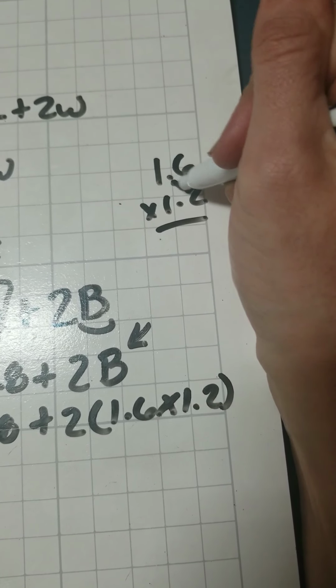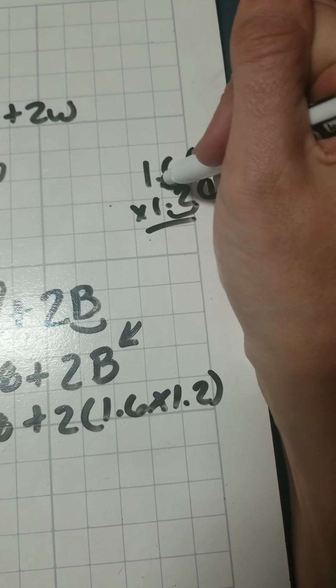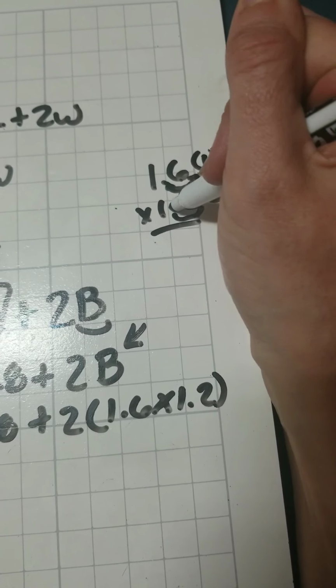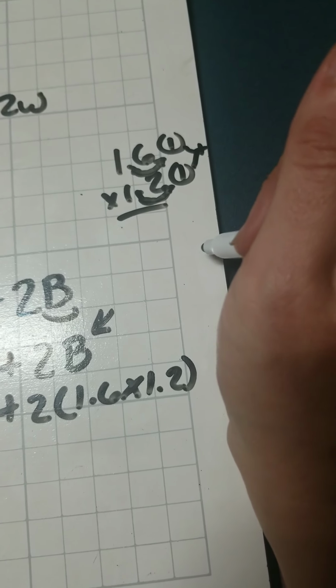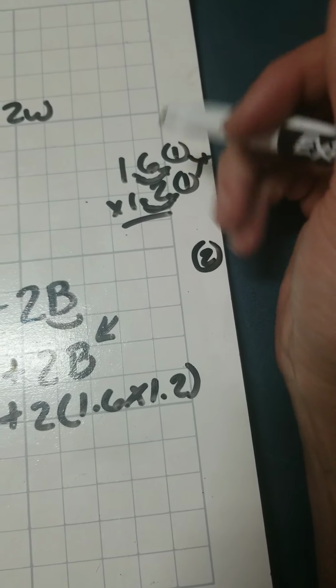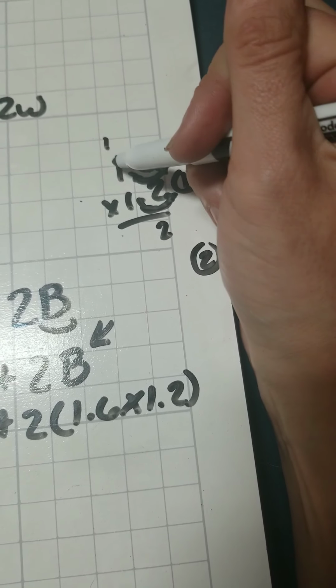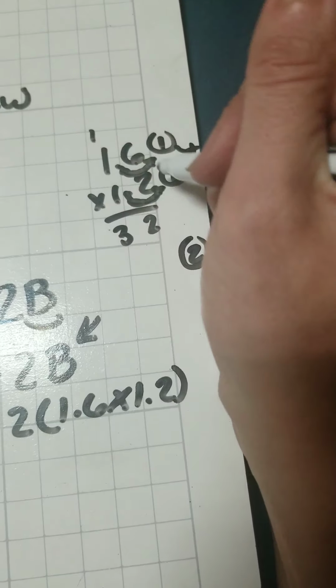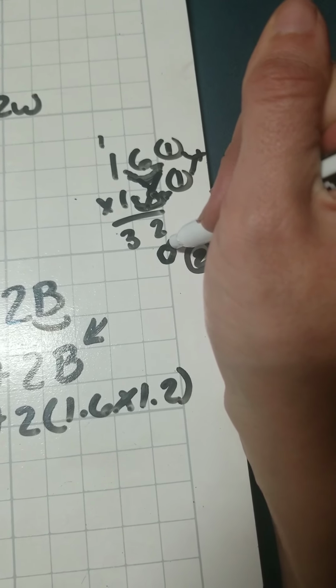This number has 1 decimal place, and this number has 1 decimal place. Those decimals basically escaped, but they have to go back in at the end. 1 plus 1 is 2, so your answer has to have 2 decimal places. 2 times 6 is 12, so I put a 2, carry a 1. 2 times 1 is 2, plus 1 is 3. I am done with the 2, so I'm going to drop a 0 below it.